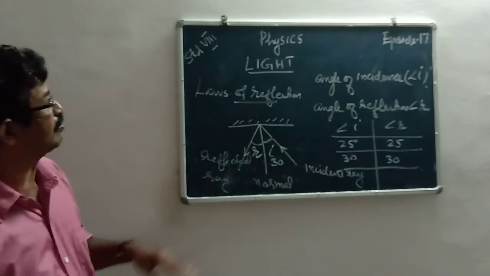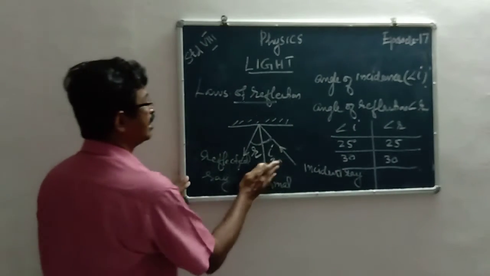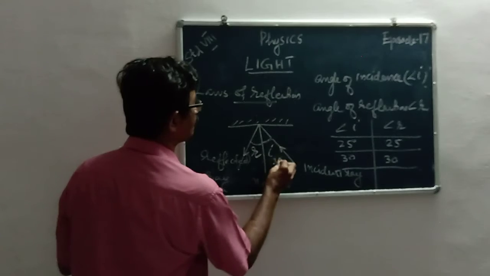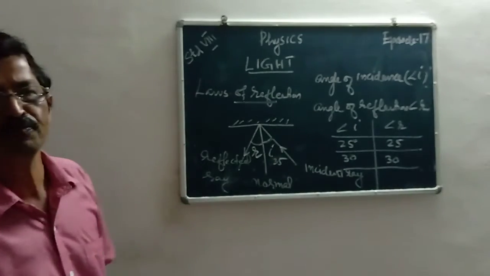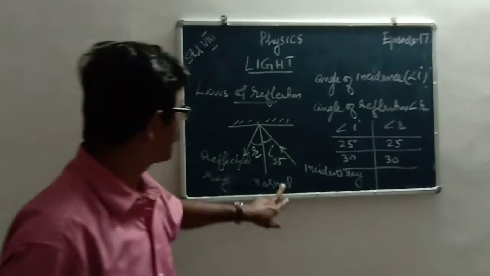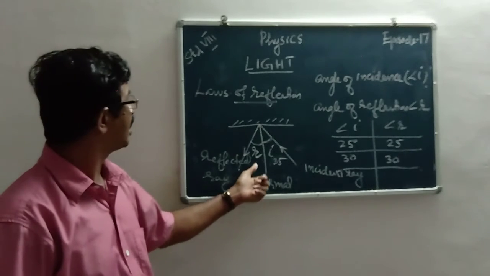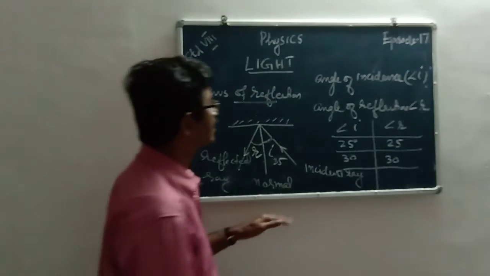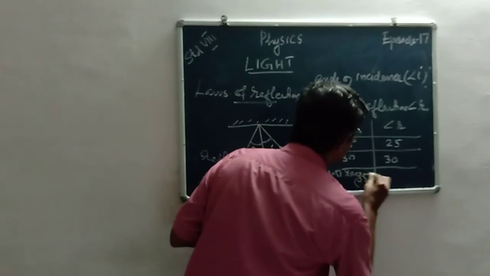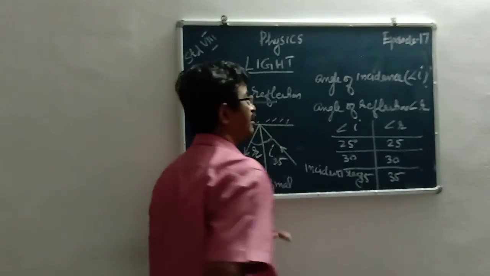One more observation: suppose it is 35. Again measure the angle of reflection. Now this also we get 35.